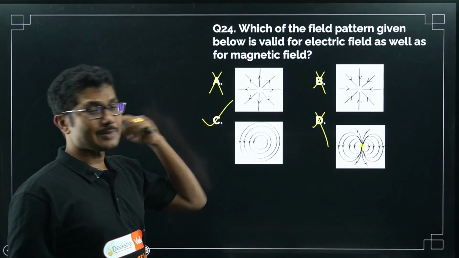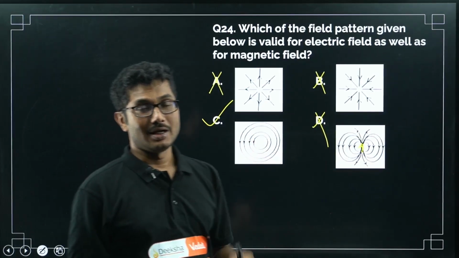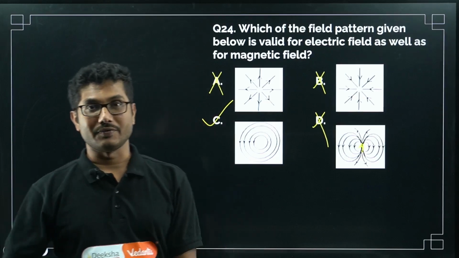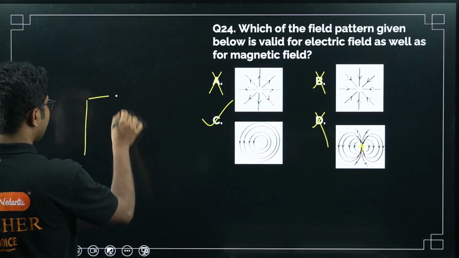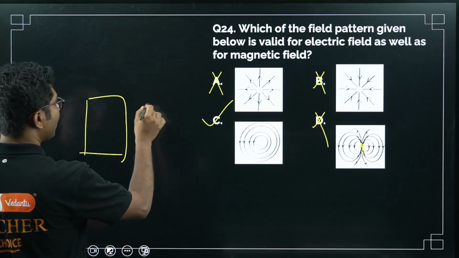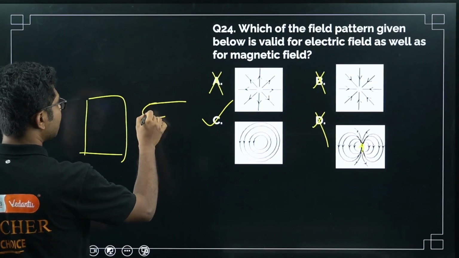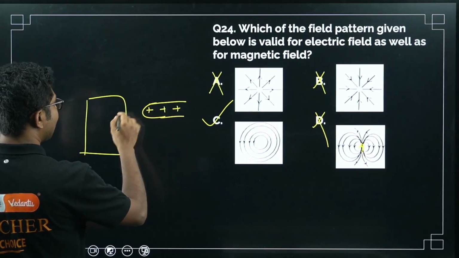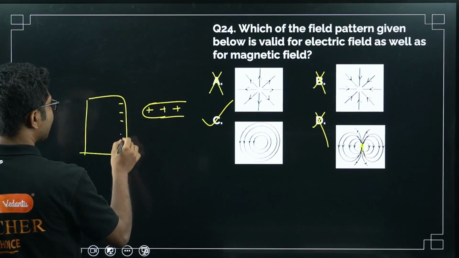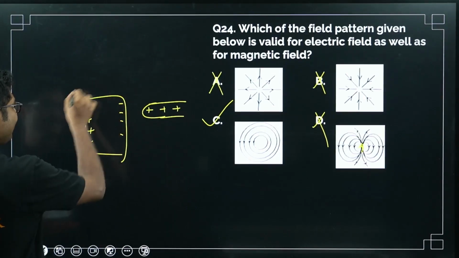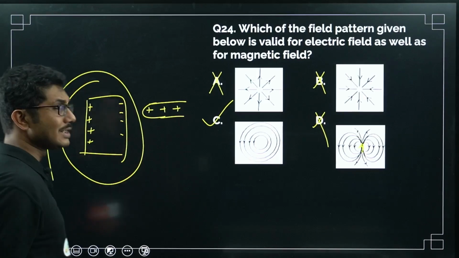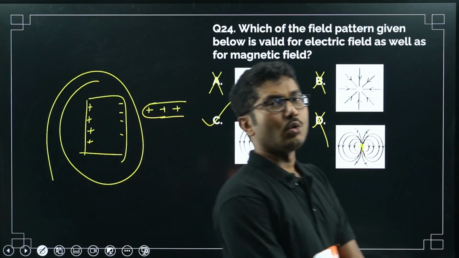Now this is possible for induced electric field. Suppose you have an object, and if you bring some externally charged object, say this is plus plus, then it will induce a negative charge on this side and a positive charge on this side. So in this case, the electric field due to this object will be a closed loop.